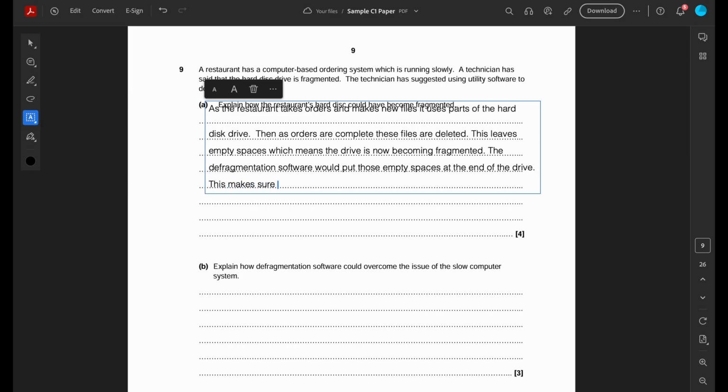This makes sure that the data is contiguous. Basically, contiguous is a posh word for continuous using computer science somewhere. And this would then speed up the drive. Again, probably going a bit over the top here. This would also give the restaurant more space on their drive.